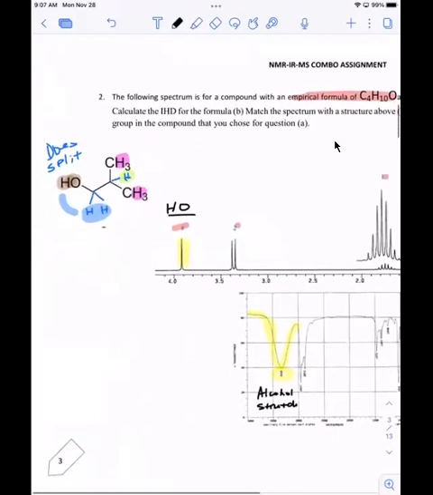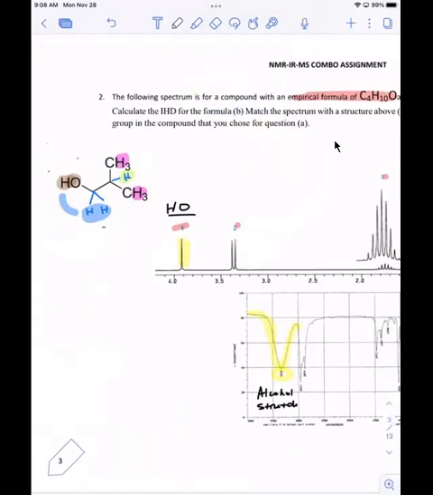Why is it a singlet if it has 2 neighbors? Anybody? Why is the OH proton a singlet if it has 2 neighbors? I don't know actually.